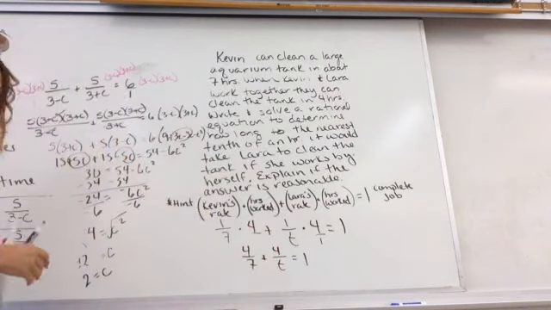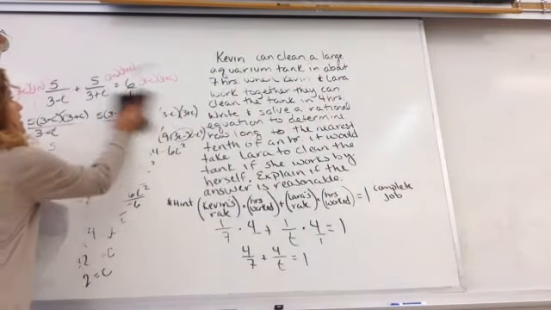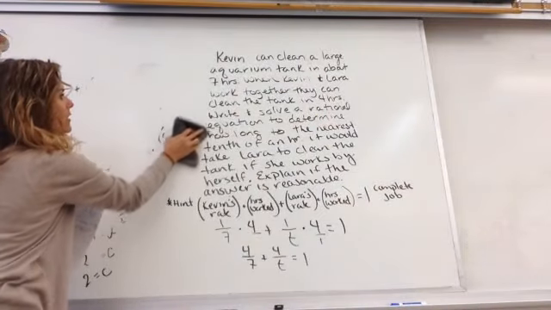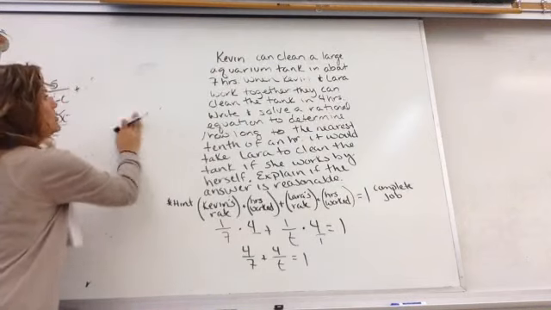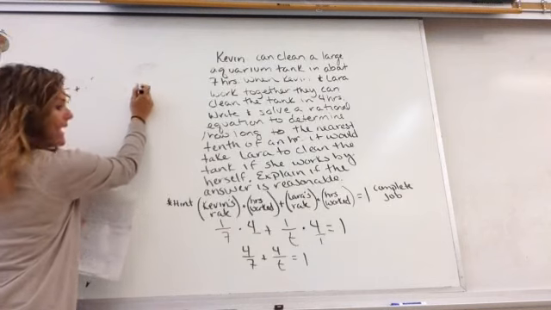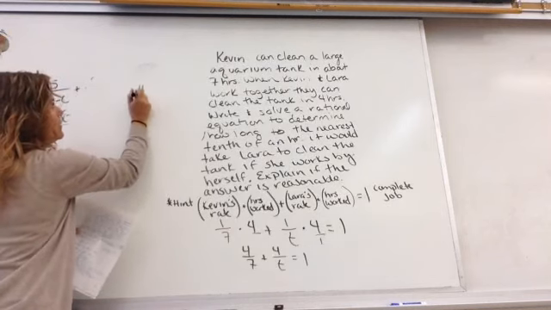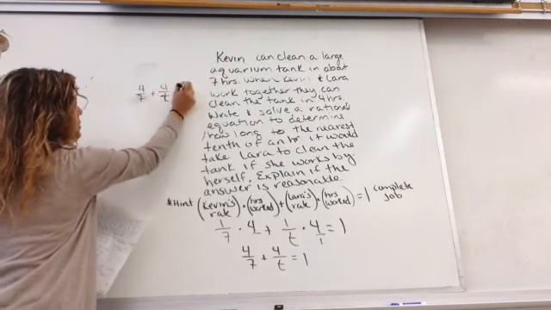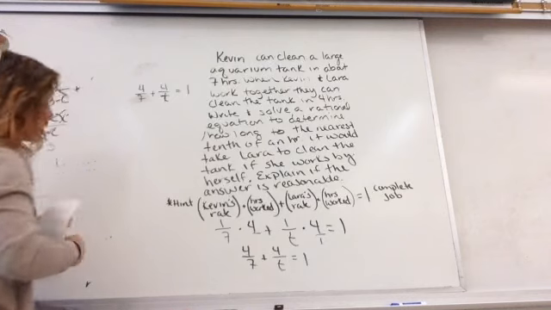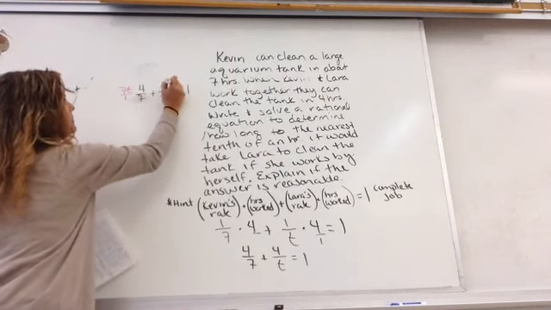We are going to multiply by the common denominator to get rid of our fractions. With 4 over 7 plus 4 over T equals 1, the common denominator we want to multiply everything by is 7T.